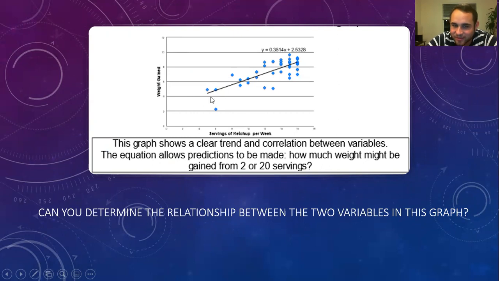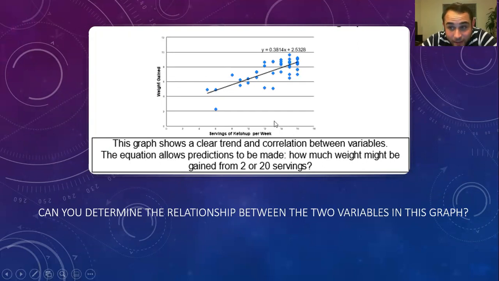So it says here that the more ketchup I eat, servings of ketchup per week, the more weight I gain. This is the general trend. Sometimes it might go up, sometimes it might go down. It doesn't matter. The overall trend lets us know that there is a positive correlation there. An increase in something will lead to an increase in another thing.